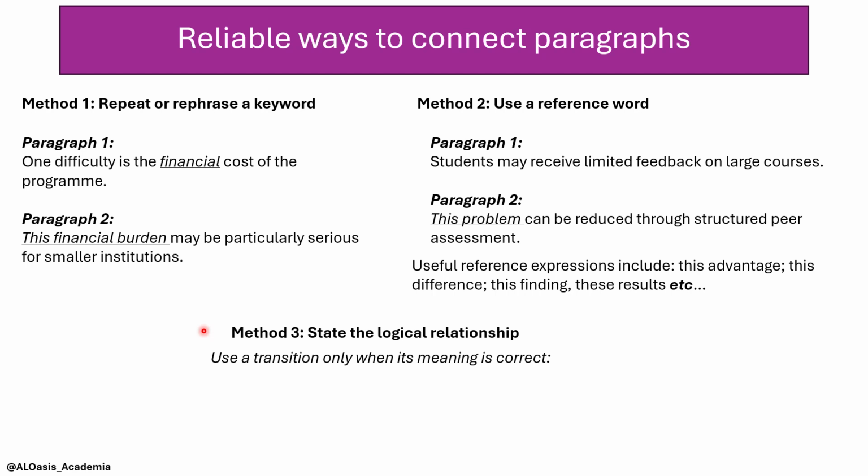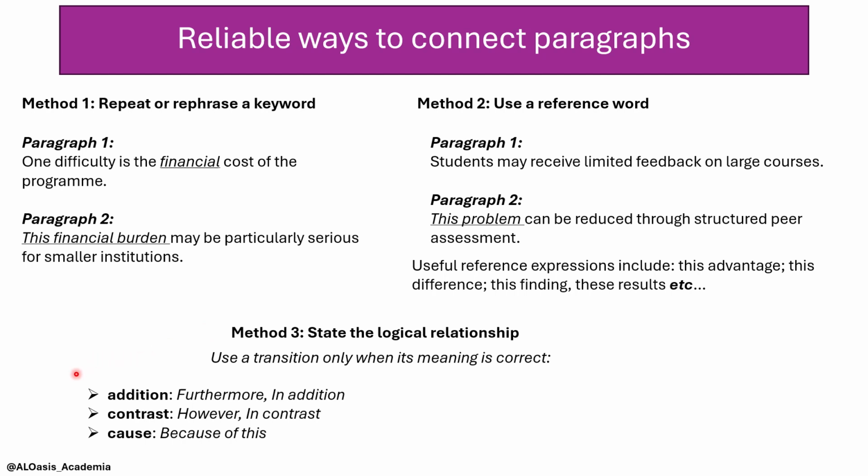So here are a few examples. If you want to add more points to the ones you mentioned in the first paragraph, you can start the second paragraph with something like furthermore, or in addition. If you want to say something in contrast, you can say however, or in contrast.